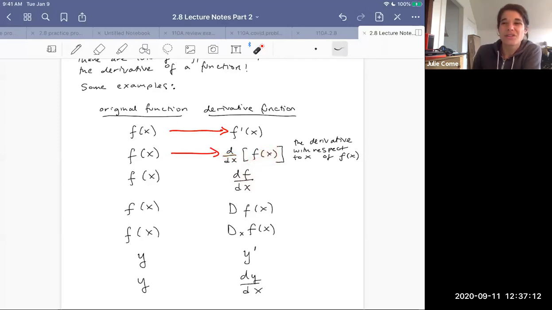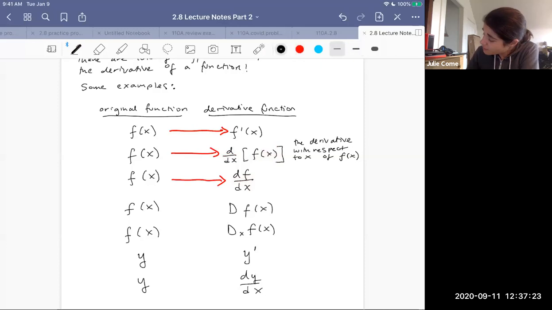Sometimes we just call the function f and we mean f of x. Well, we can also see the derivative notation in this way. So again, this means the derivative here of the derivative, the bottom, the dx part means with respect to x. And here we have of the function f. So it's like we're just calling the function f instead of f of x.